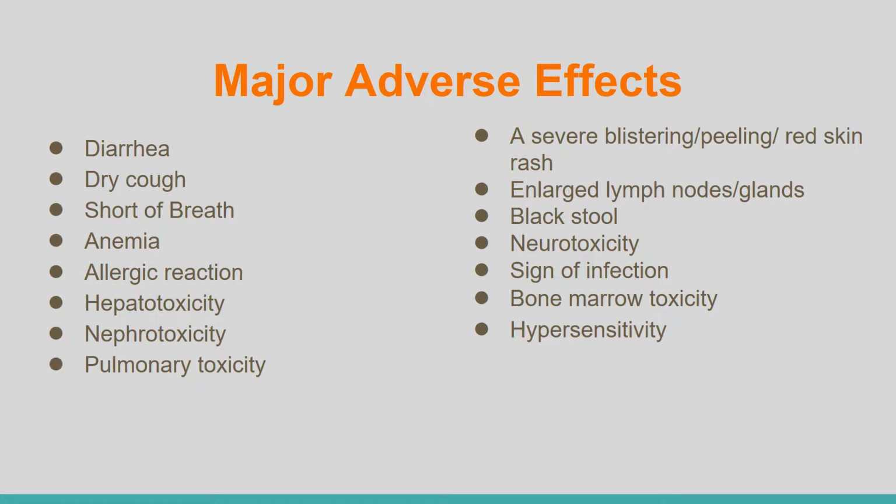You should tell your doctor right away or get medical help if you have any of the following serious adverse effects, including mouth sores, diarrhea, signs of anemia such as unusual tiredness and pale skin, signs of liver problems like dark urine, persistent nausea, vomiting, stomach or abdominal pain, yellowing of eyes or skin, easy bruising, bleeding, black stool, enlarged lymph nodes, or bone marrow toxicity like bone pain, unusual pain and discoloration of the skin, change in the amount of urine, dry cough, muscle weakness.